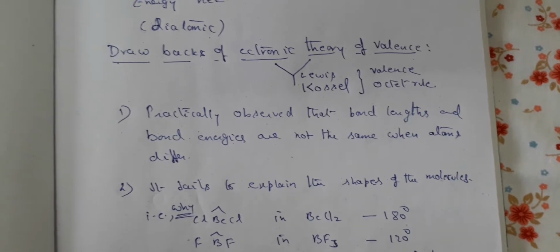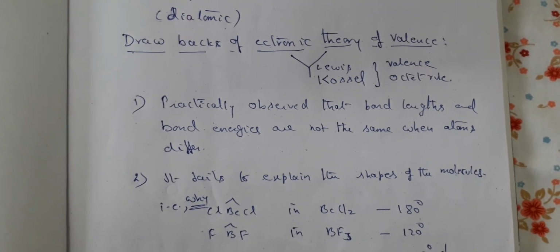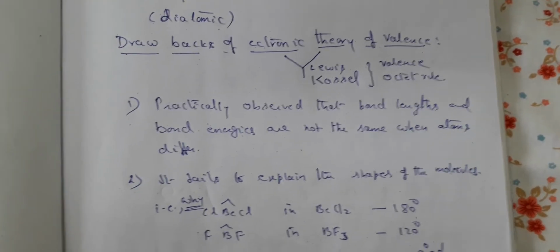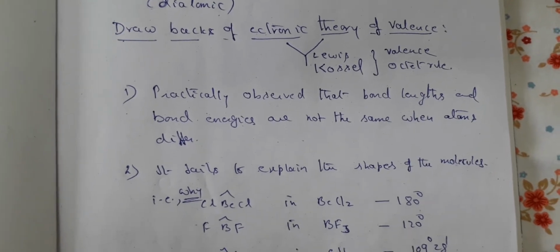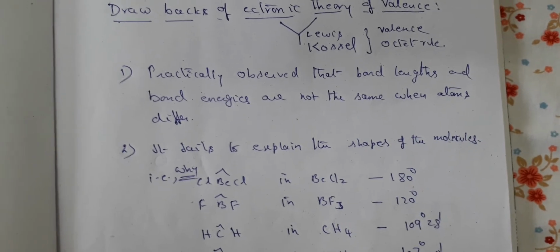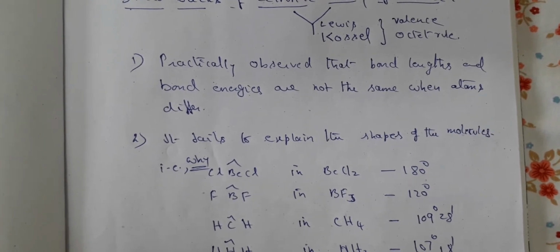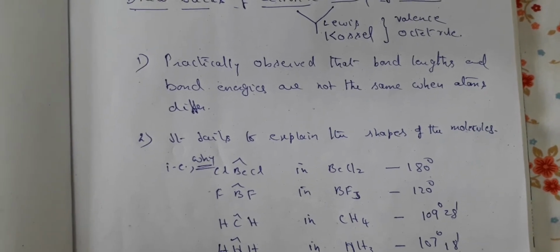That means there are different angles and different bond lengths for different atoms taking part in a covalent bond. So that is one most important defect: practically, people came to a conclusion that this theory cannot completely justify the behavior or the structure of the molecule.